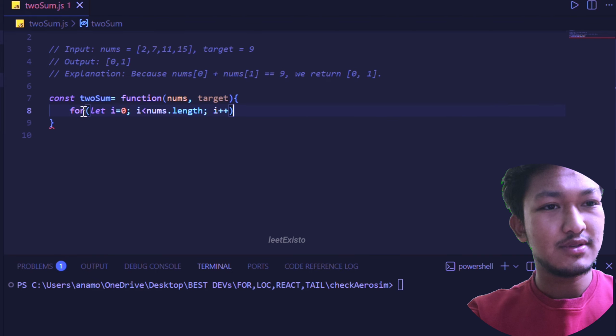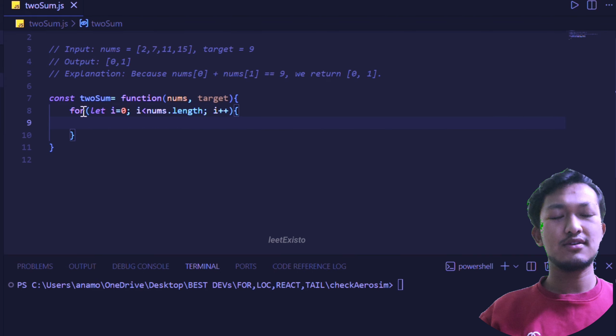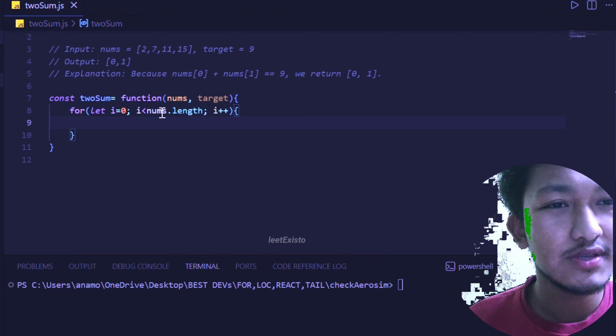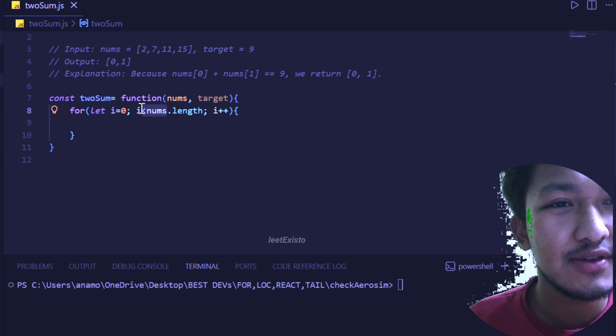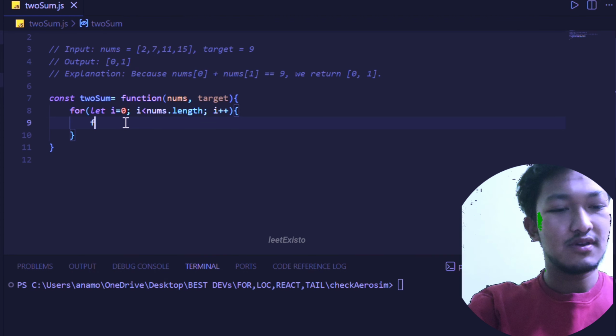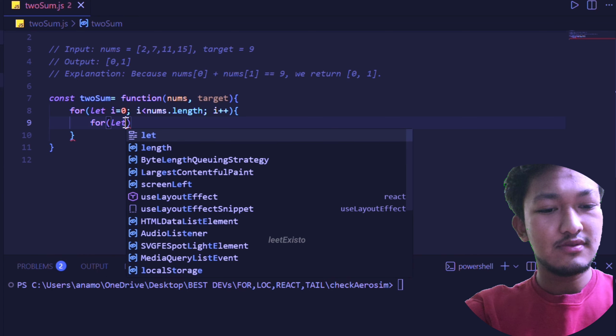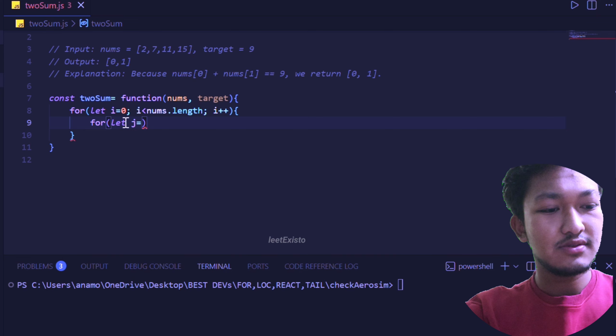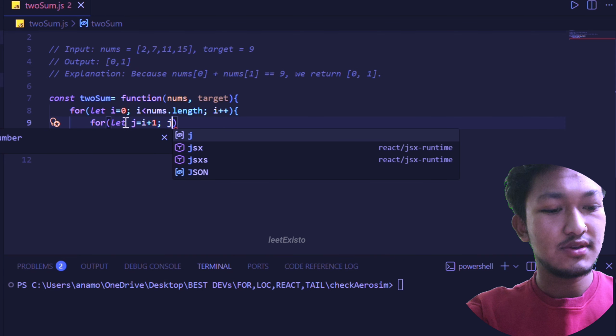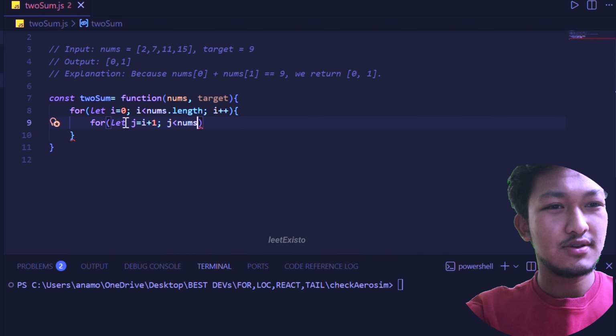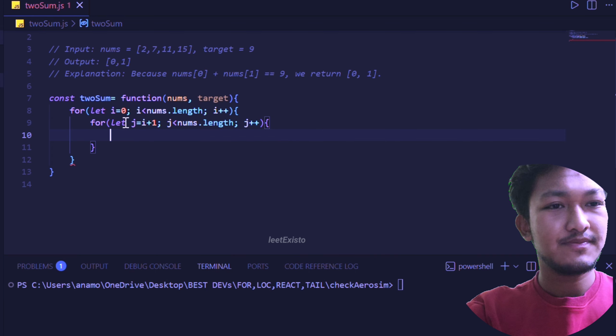Here you see nums is an array. Now let j equals i plus 1, j is less than nums.length, j plus plus.